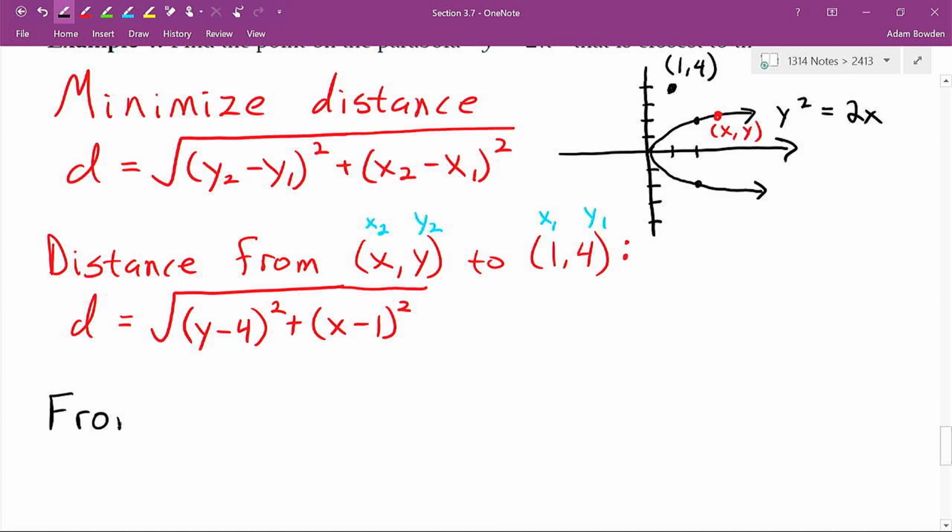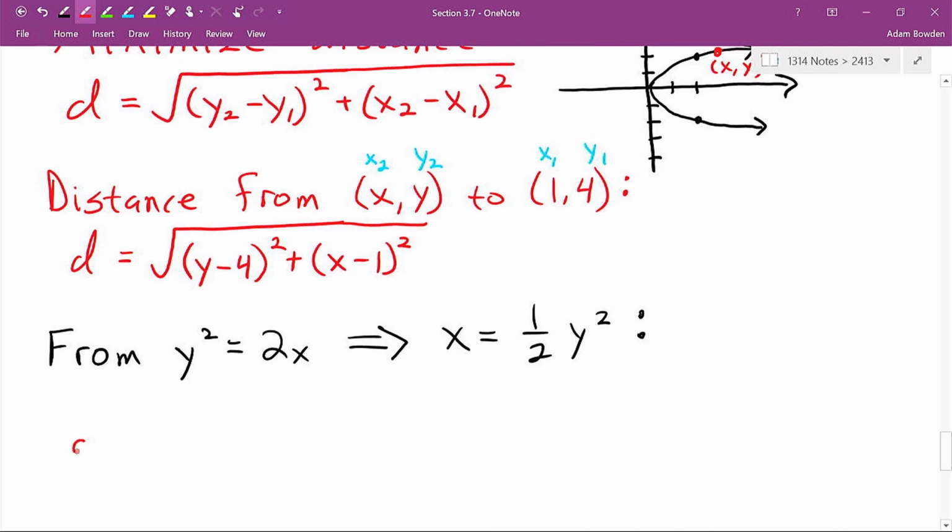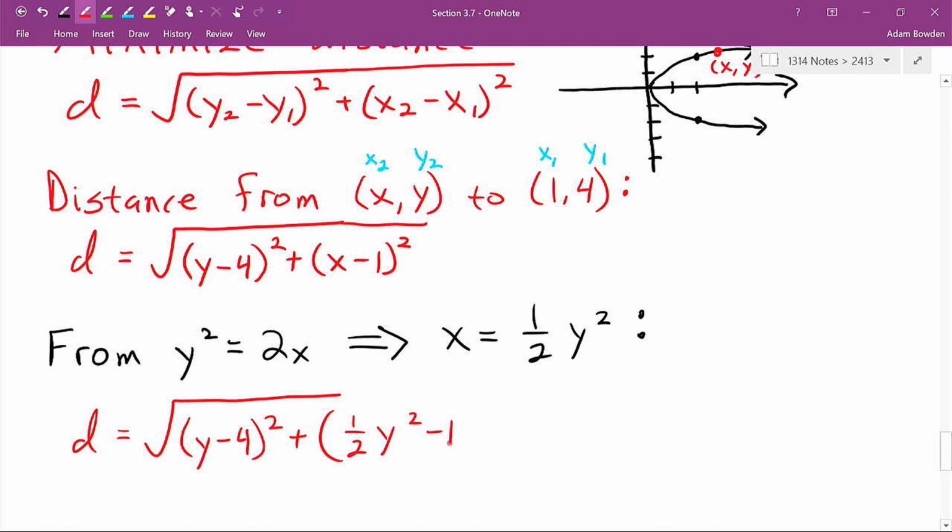From our formula, y squared equals 2x, it follows that x is equal to 1/2 y squared. And as a result, I'm going to substitute that into the distance formula. We'll have d is equal to the square root of y minus 4 all squared plus 1/2 y squared minus 1 all squared.